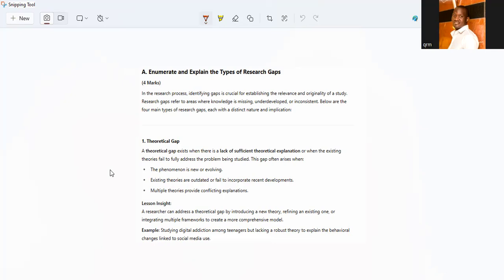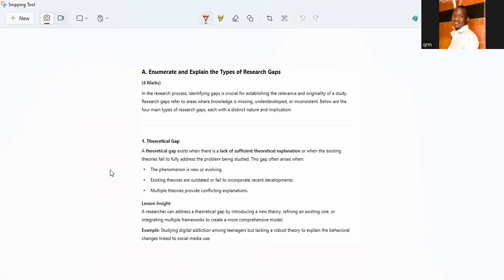When a gap arises, you want to resolve a certain phenomenon. These gaps arise, number one, when the phenomenon is new or still evolving. They also arise when theories are outdated or fail to account for recent developments. It is one reason we encourage researchers to keep their research within the decade bracket.